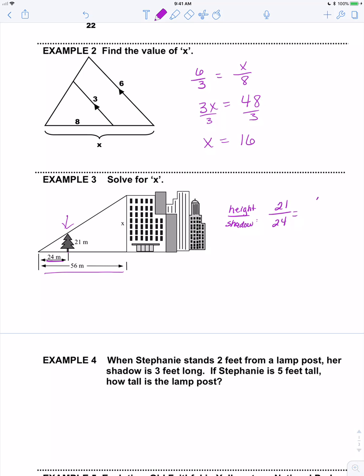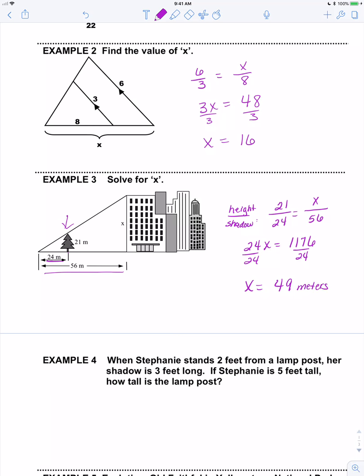The height of the building we don't know, but the shadow of the building is 56. And we just cross multiply. So 24x is equal to 21 times 56, which is 1,176. Divide both sides by 24. So the height of that building is 49 meters.